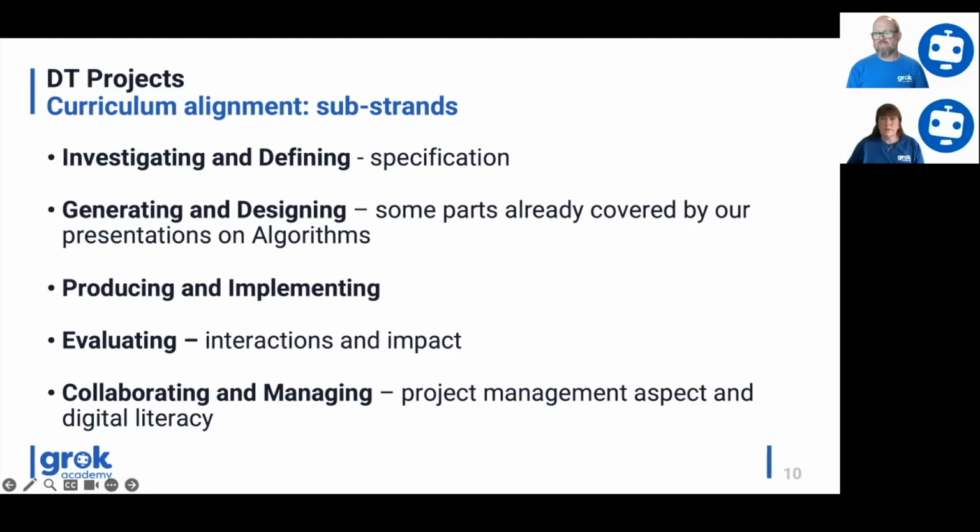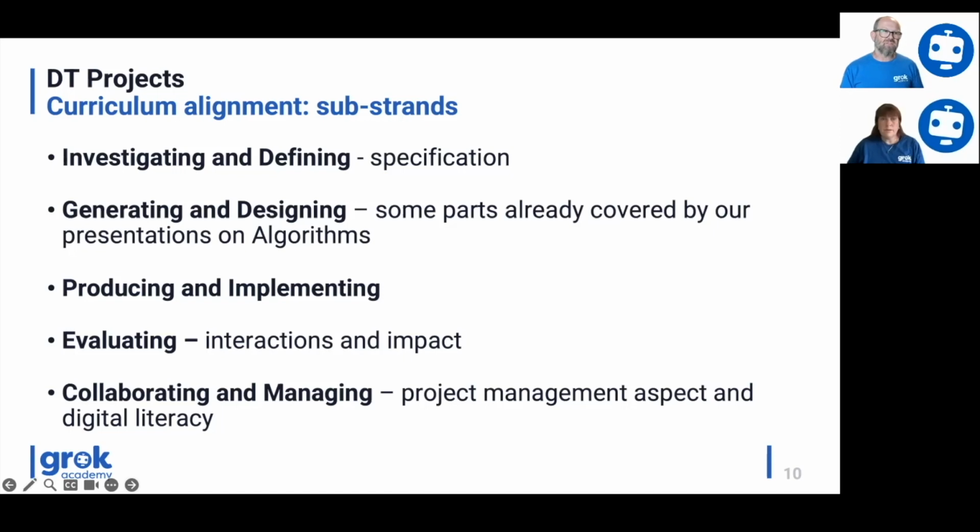We're going to go through them in this order throughout the presentation, investigating and defining links to that concept of specification, generating and designing. Some of that will be covered when you've learned and taught about algorithms, and the algorithms presentation has some really good content on that.